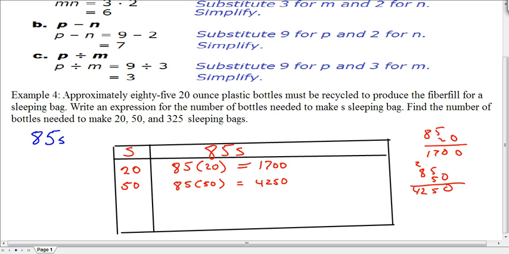Now, 325. So again, we're taking 85 times 325, and we can do this math over here.